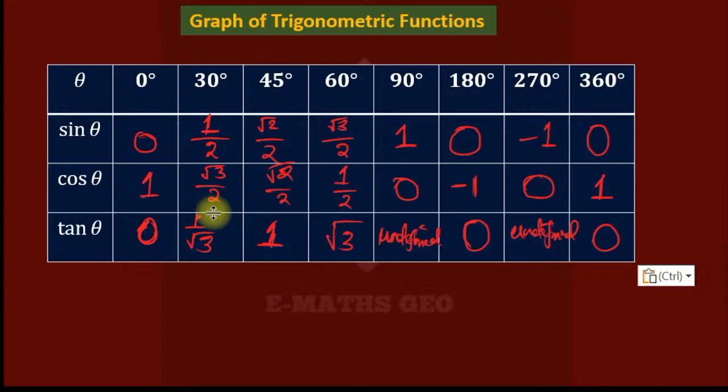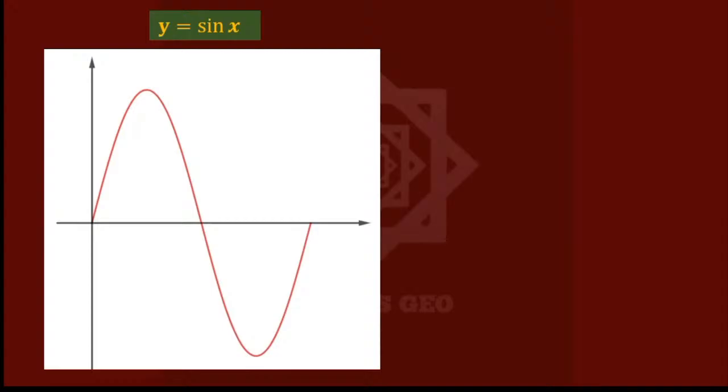The minimum is -1 and the maximum is 1. So just know that the graph of sine is between 1 and -1. Very important.